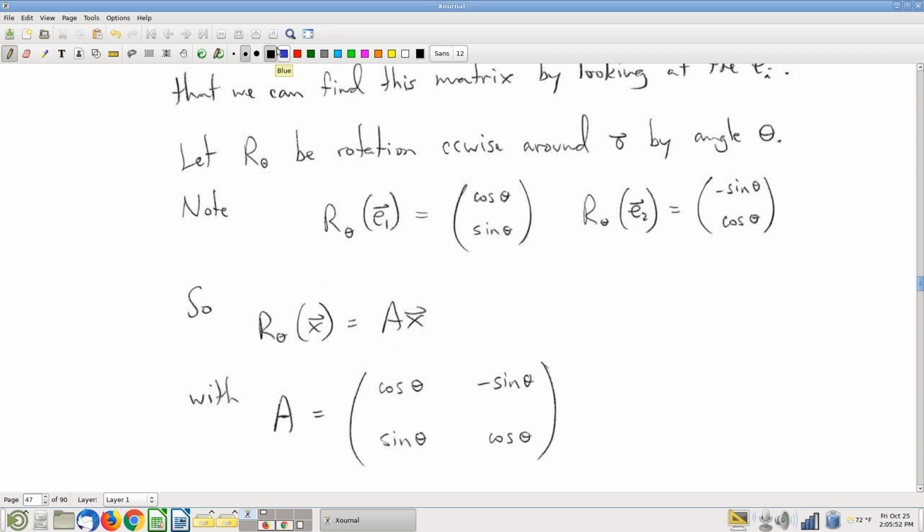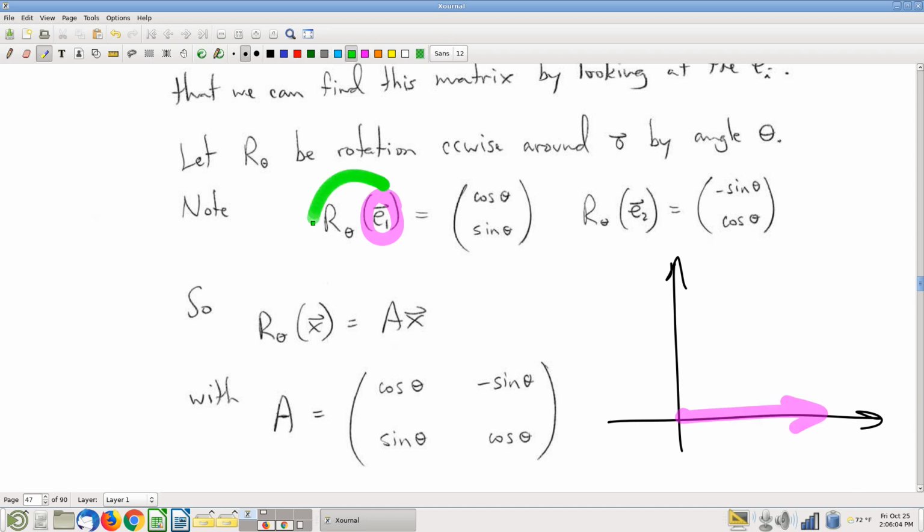Let's take our first standard basis vector here, E1. There's E1. Let's rotate by our angle theta, however much we want to rotate. If you rotate by the angle theta, that gives you this point.